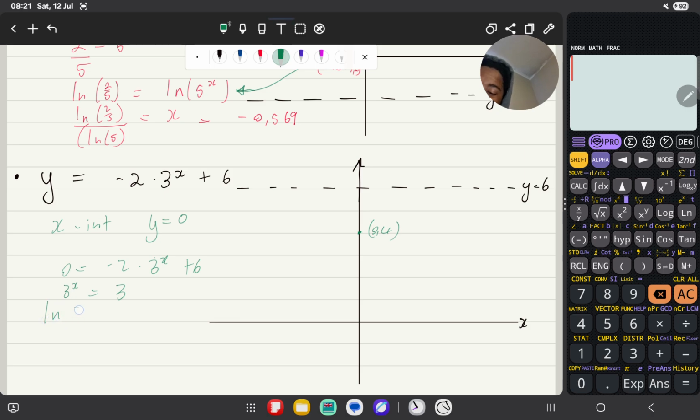So I'm going to have ln of 3 to the power of x equals ln of 3, right? Here I'll have x ln of 3 equals ln of 3, and I divide by ln of 3, ln 3, and then this cancels, and ln 3 divided by ln 3 is 1. So it doesn't matter which method you use, it works. So x is 1, and the intercept is 1 and 0, right? Cool stuff.